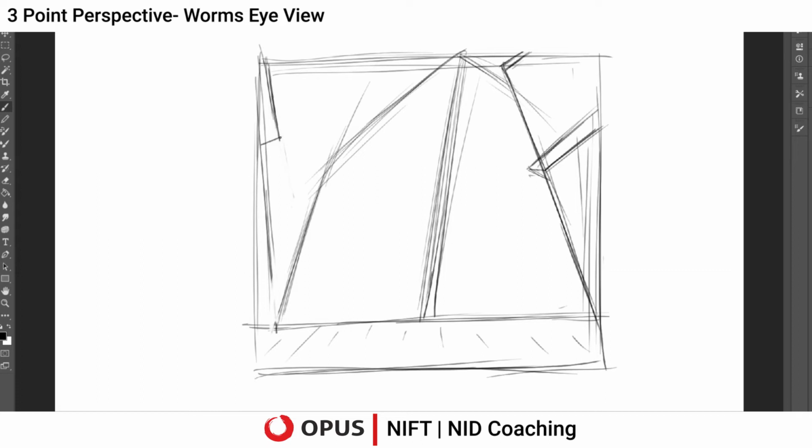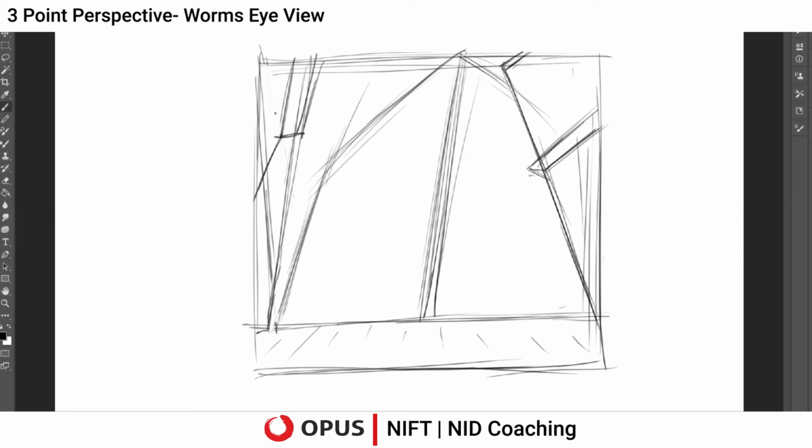Suppose there are certain other buildings on this side whose certain parts only we are observing, or for the sake of convenience, you can just mark certain areas, and then you can give the details, a little bit of it, wherever possible.